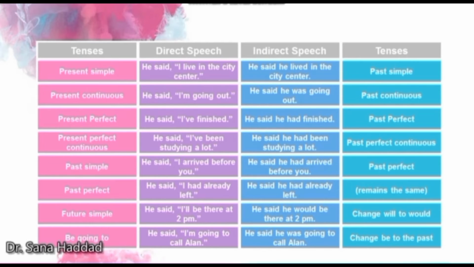When we change it to indirect speech, we change will to would. He said he would be there at 2 p.m. If we have a sentence in direct speech using be going to, for example, he said, "I'm going to call Alan." In indirect speech, we change be to the past. He said he was going to call Alan.